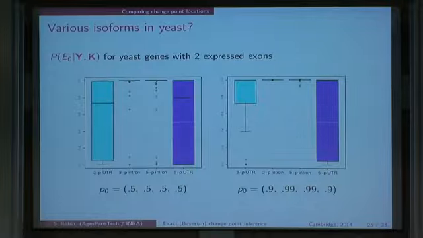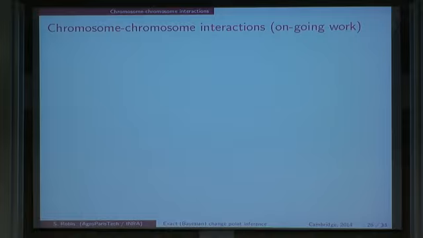Okay, so hopefully I will have time to introduce you to this last problem. I put brackets around Bayesian in my title yesterday because this part will not be Bayesian. I don't know how to do that in an exact Bayesian manner at this time, maybe one day.